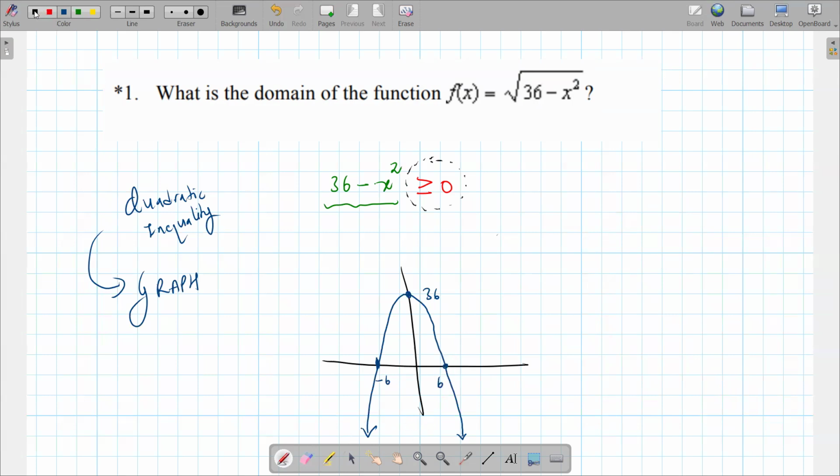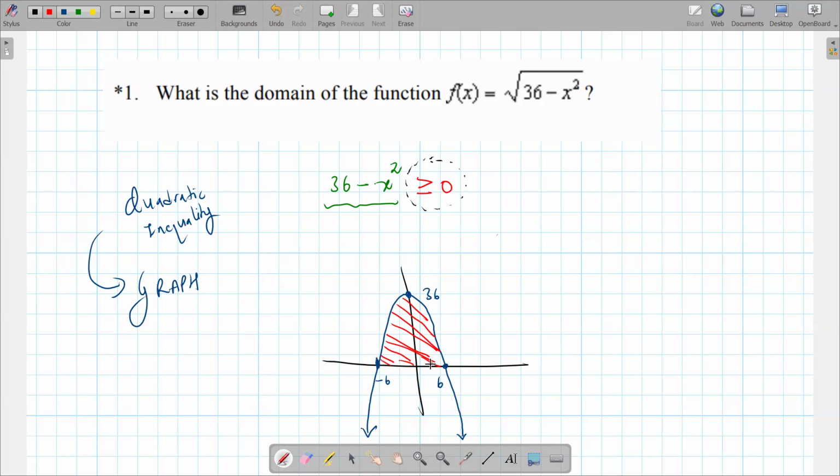Now, what are we interested in? We're interested in seeing when this curve is greater than or equal to 0. So we're strictly concerned from here, where the function is positive, up until here where the function is positive. Why? Because greater than or equal to 0. So we're strictly concerned with this section.